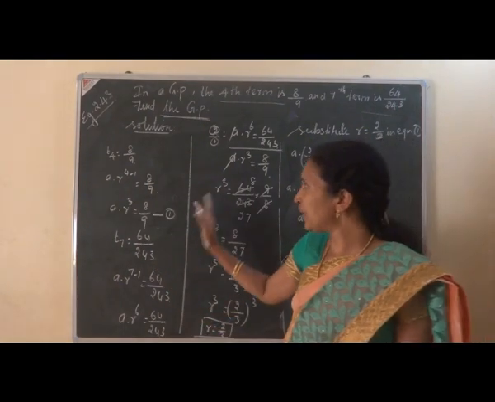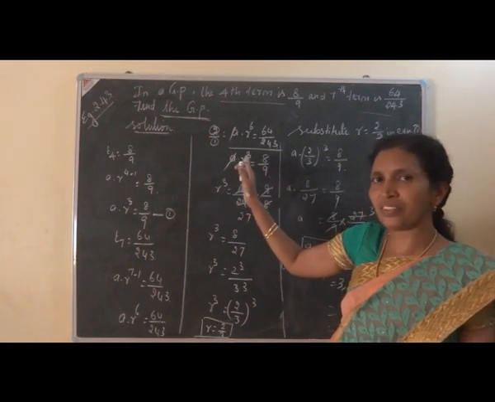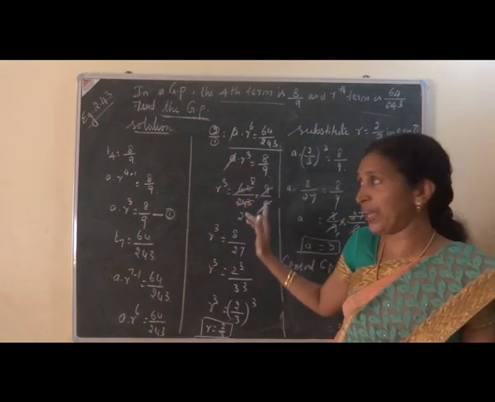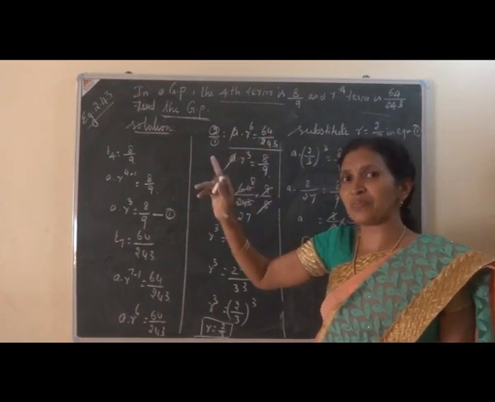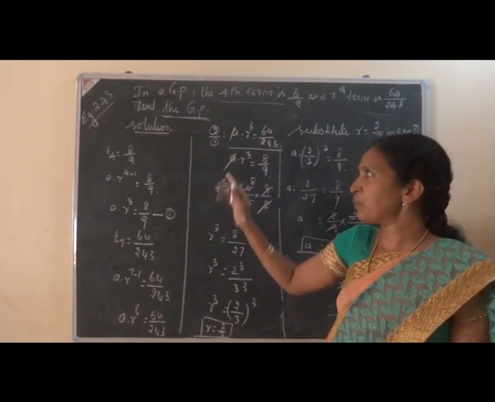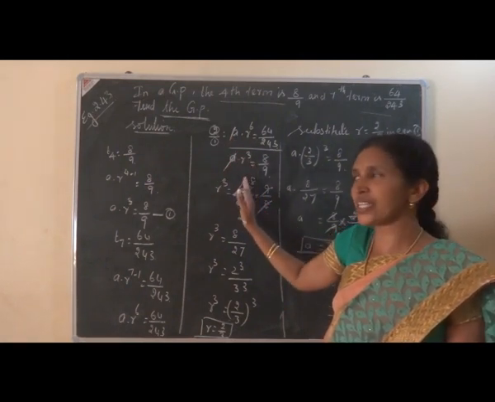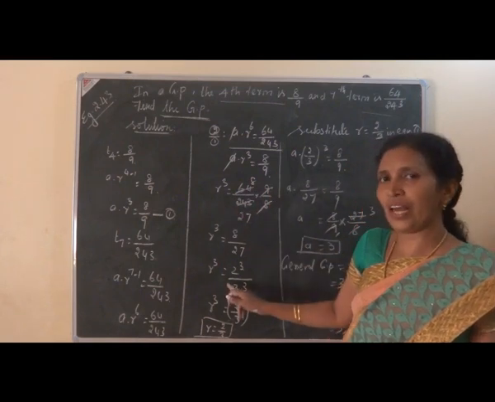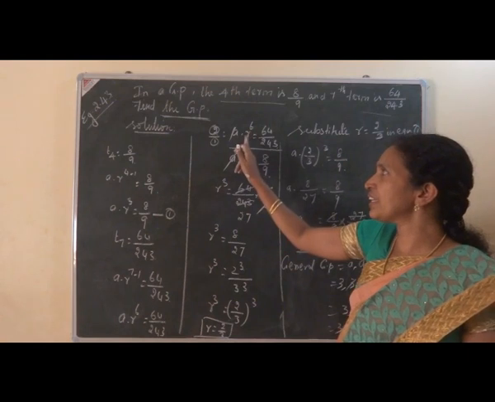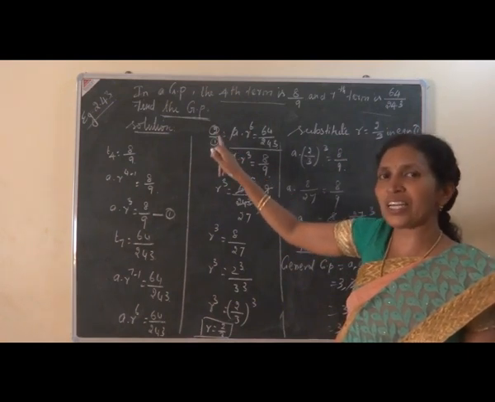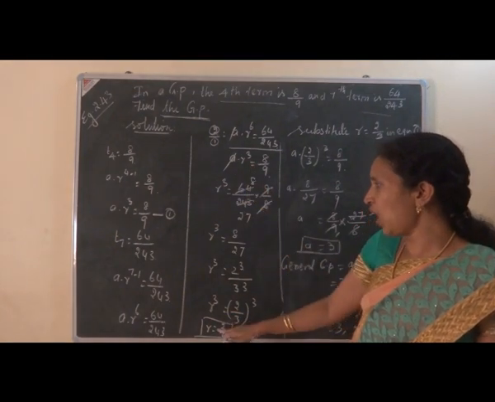When you divide these two terms only, you can cancel a and get the value of r. Mind it, in arithmetic progression we subtract, but in geometric progression you must divide the two equations, then you will get the r value.